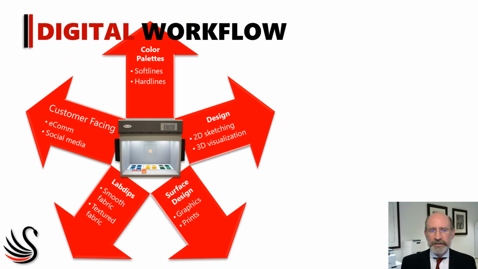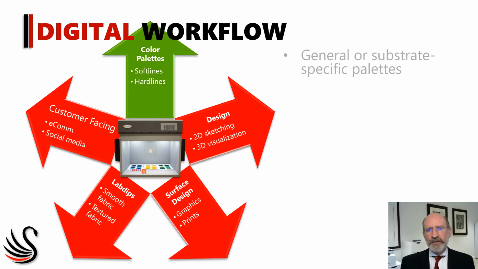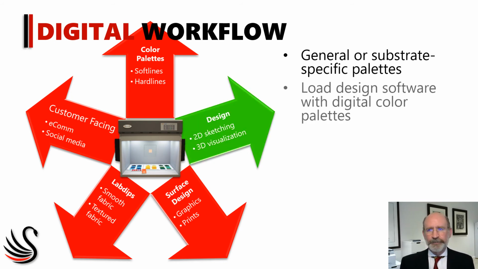Here's how it works. Graphically, we have the LEDSimulator at the intersection of these 5 processes. We start by choosing colors for a palette. And these can be specific palettes for a subset of products, or it can be general palettes for the entire season.